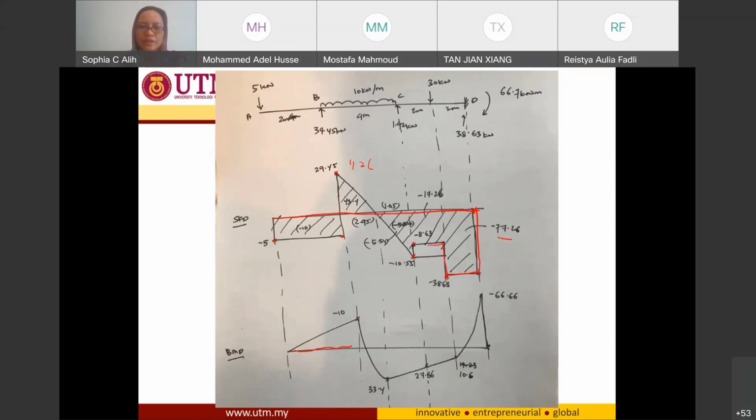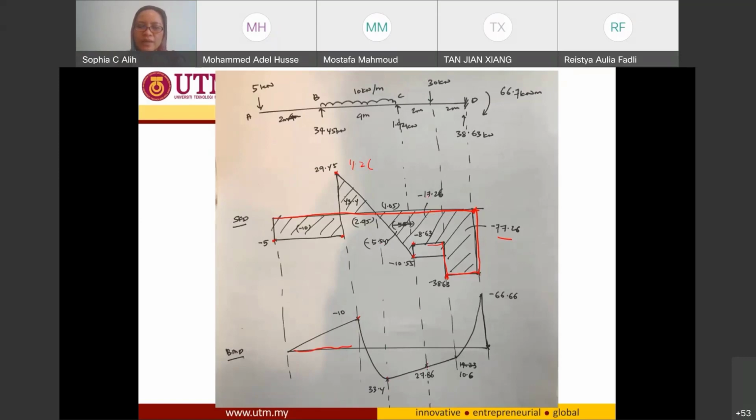Okay, straight lines until -10, and this one -10 plus 43.4, so I go to 33.4 positive, and I have after that negative 5.35. So 33.4 positive minus 5.34, I got 27 positive still.